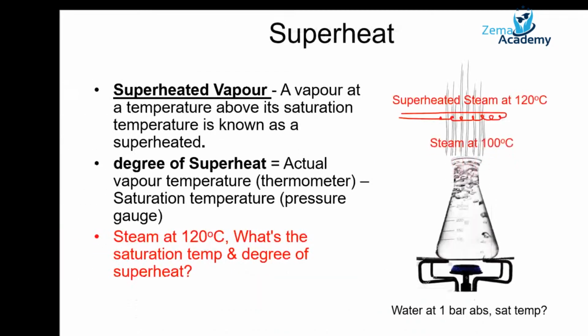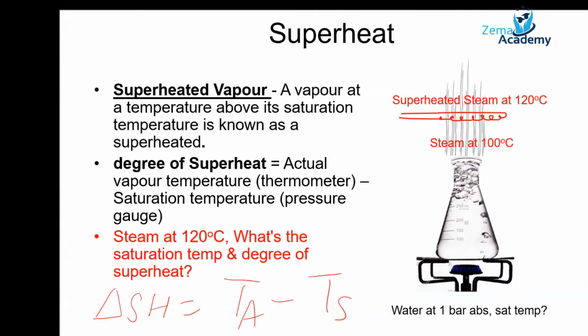Other terms that we will come across is superheated vapor. Superheated vapor refers to a temperature above the saturation temperature. And we can actually calculate our degree of superheat: degree of superheat is equal to actual temperature minus Tsat. One example that I just gave you here is water boiling.